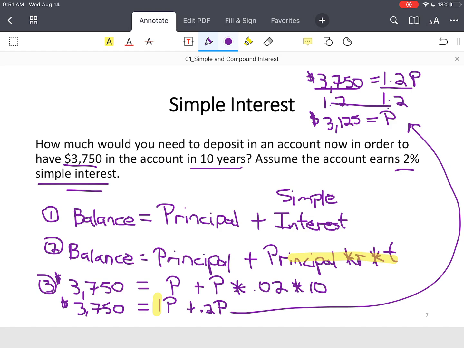So we've got to invest $3,125 to have an account balance in 10 years of $3,750 if you earn 2% simple interest.